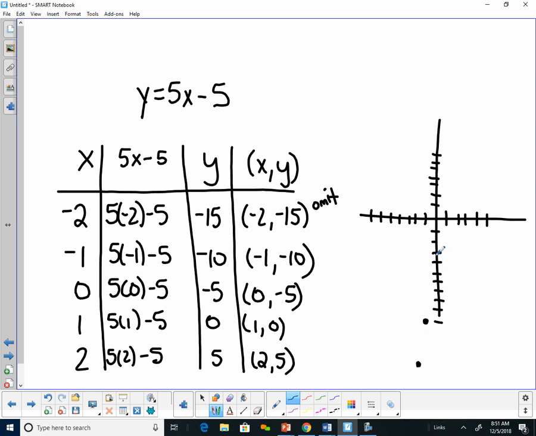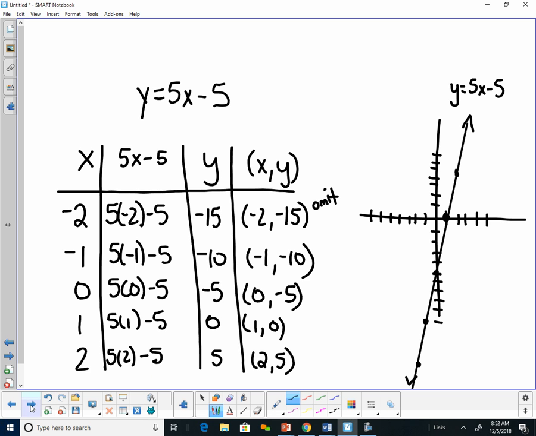I have 0, -5. I have 1, 0. And I have 2, 5. And then I will draw my line. And do not forget to label that line with the equation that you have.